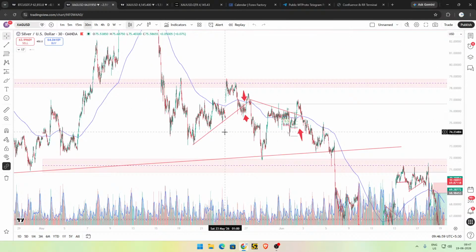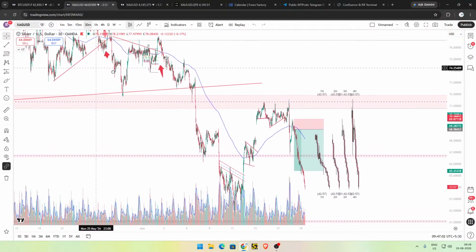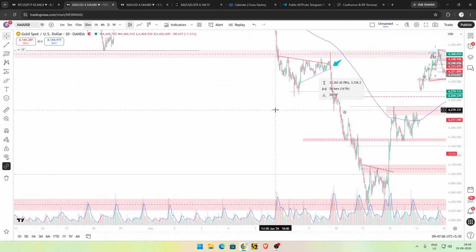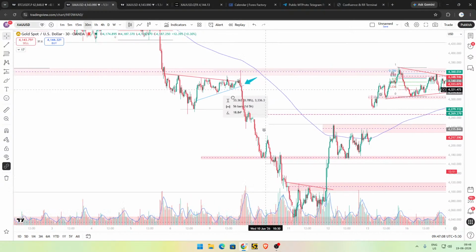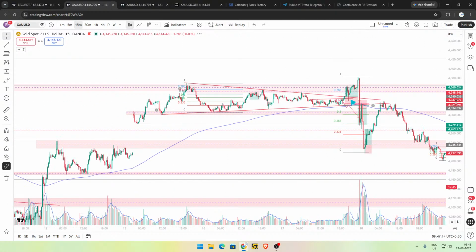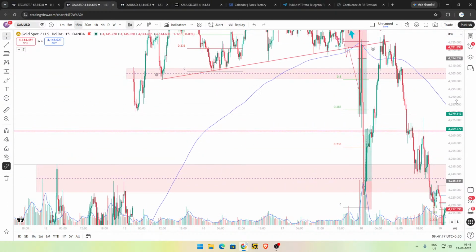Blue color, this is silver. That false breakout thing I was talking about. See, this is what I was talking about.